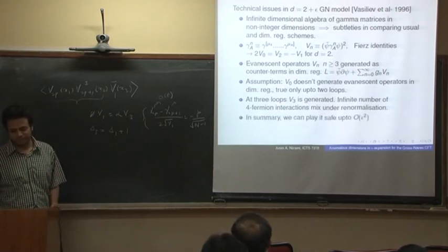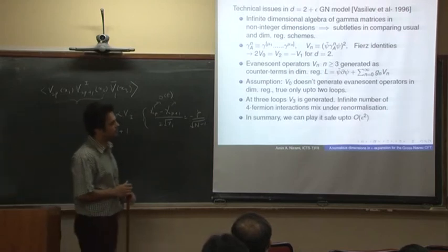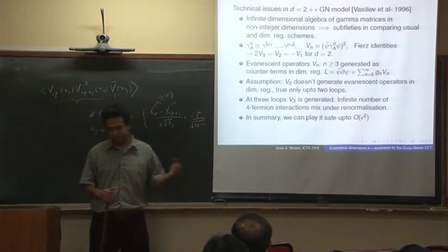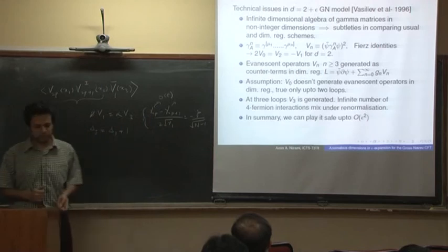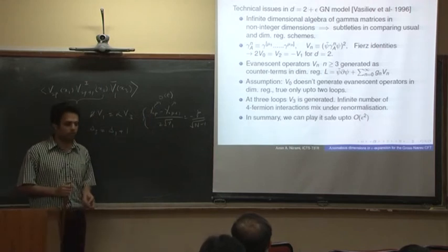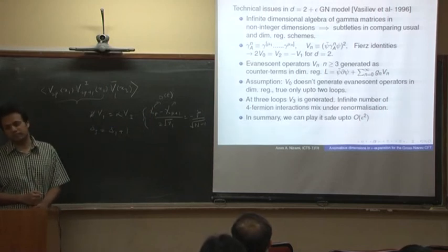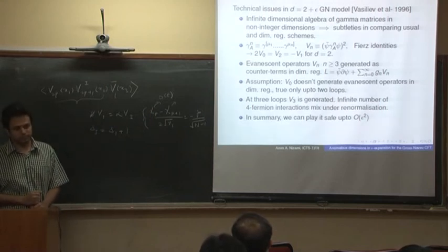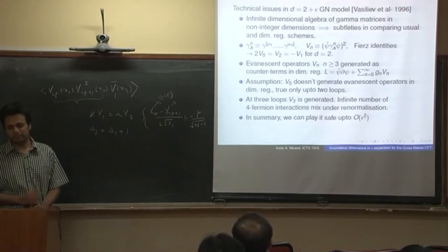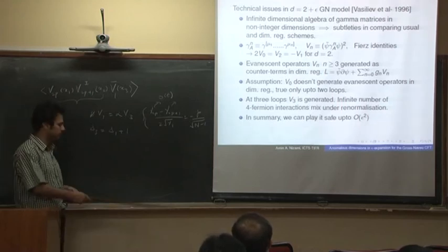But in summary, for our case, everything is okay, and probably to next order in epsilon, it's also okay. But beyond that, you will have to start worrying about infinite dimensional algebras and all these components being generated. So it is a technical issue that I was mentioning.